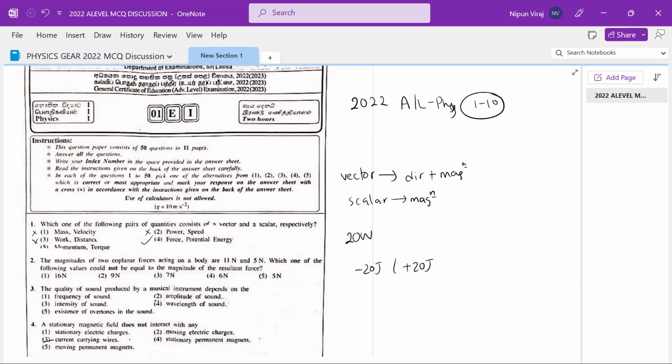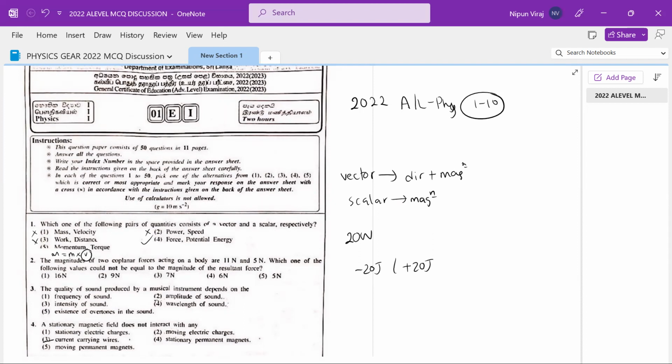And what about momentum and torque? Momentum has a direction. You take it as mass into velocity, and since velocity has a direction, momentum also has a direction. It might have momentum forward, it might have momentum backward. So momentum is a vector. And torque is also a vector. You have two types of directions in torque: it is rotating clockwise, or it is rotating anti-clockwise.